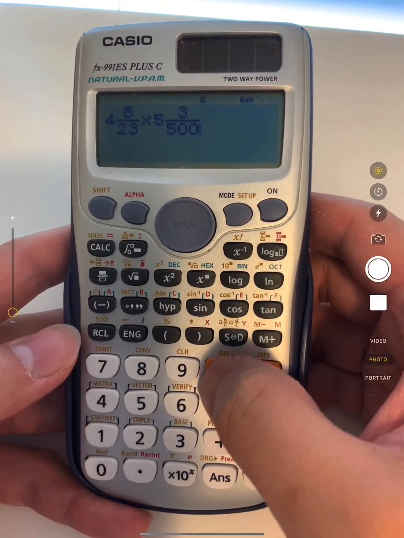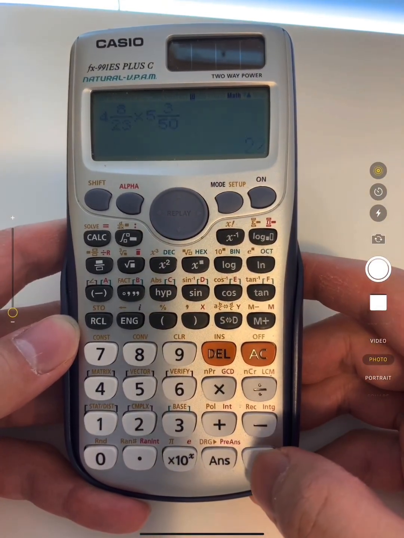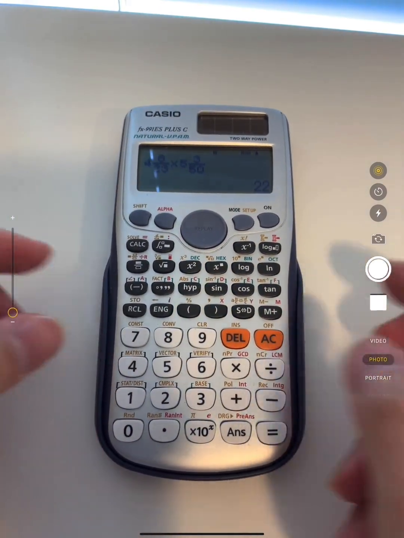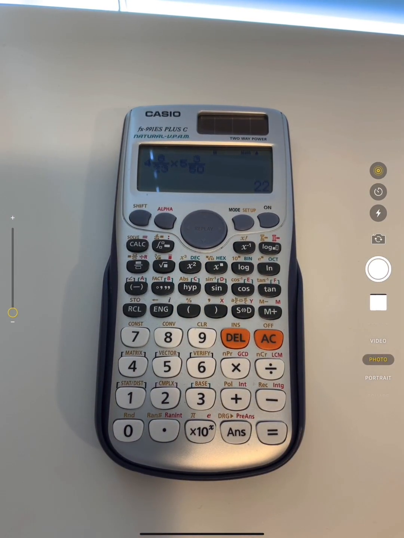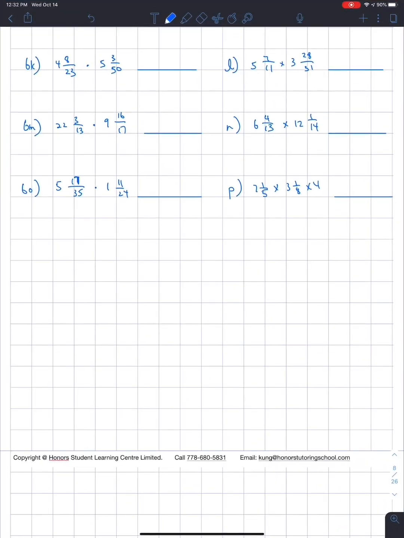Oops, so I type in 12 minus 0, I can delete, and then go right, and then I press equals, and it tells me it's 22. So that's all I have to do for this question. It tells me the answer is 22 for 6K.